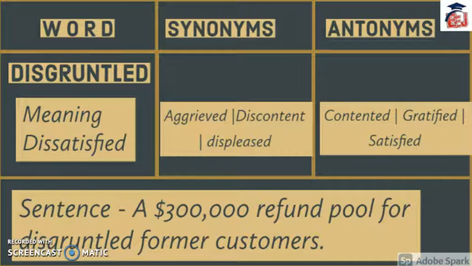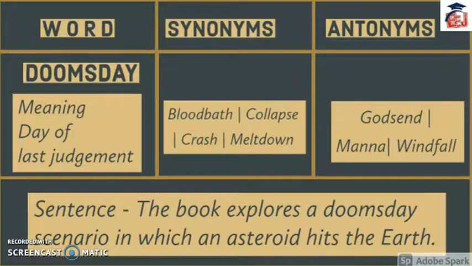A $3 lakh refund pool for disgruntled former customers. That means a $3 lakh refund pool did not satisfy former customers. Former customers means old customers. This is one of the interesting words, friends. I hope you will like it.